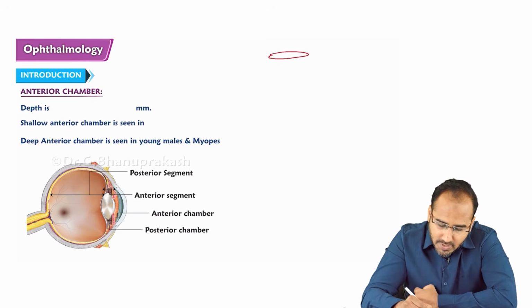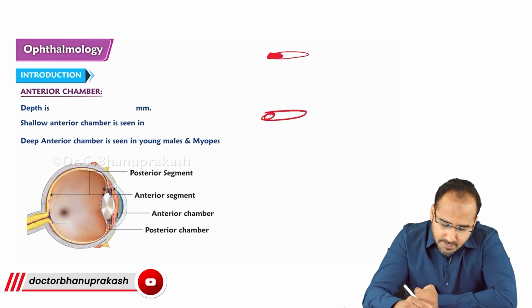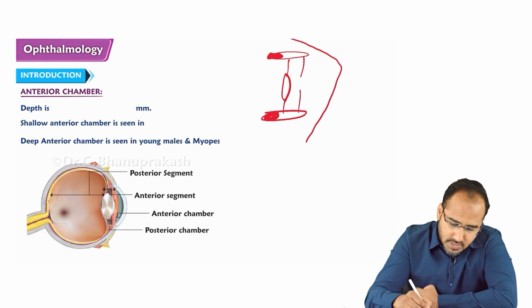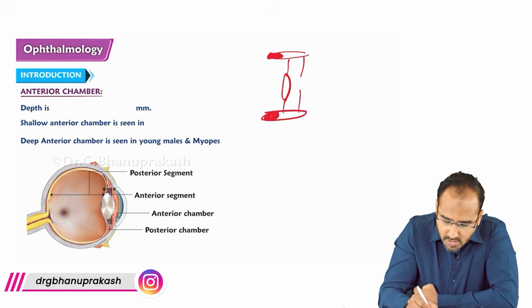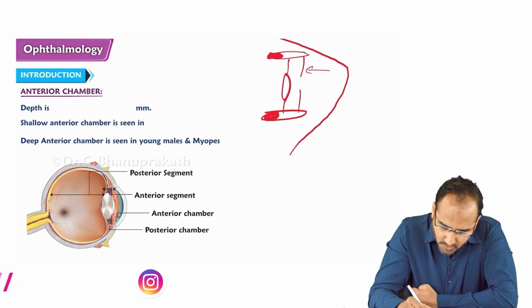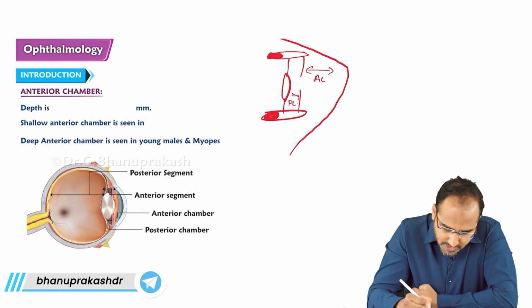Again, this is the ciliary body, pars plana, ciliary zonules, lens, iris, and here is the cornea, right? The space between the cornea and iris is called the anterior chamber. The space between iris and lens is called the posterior chamber.